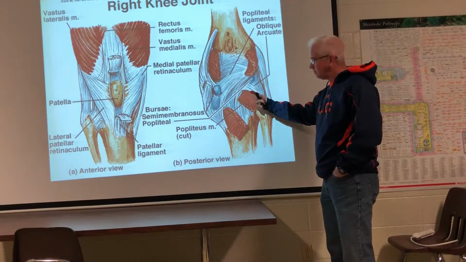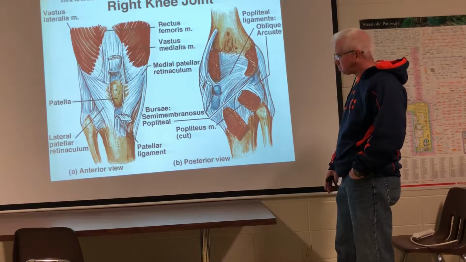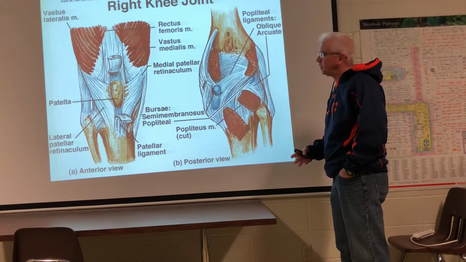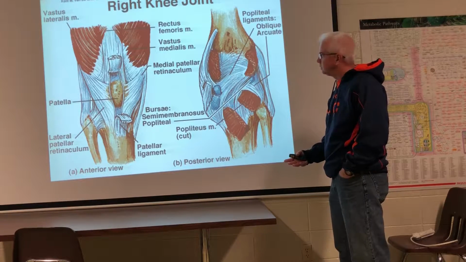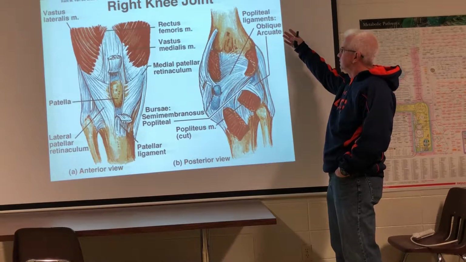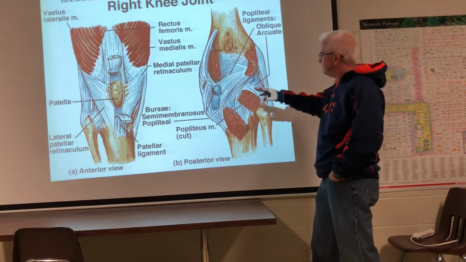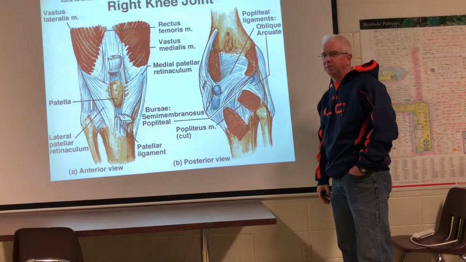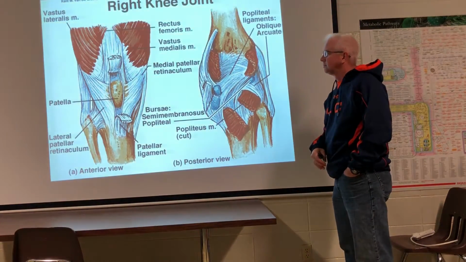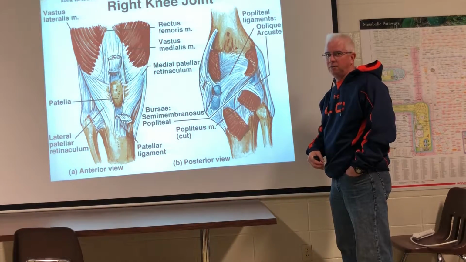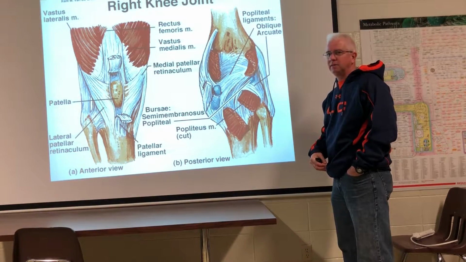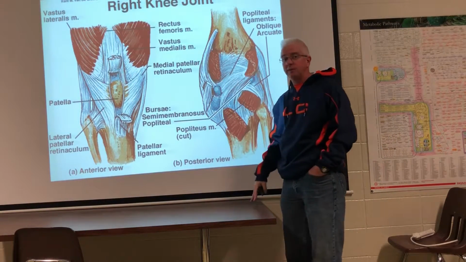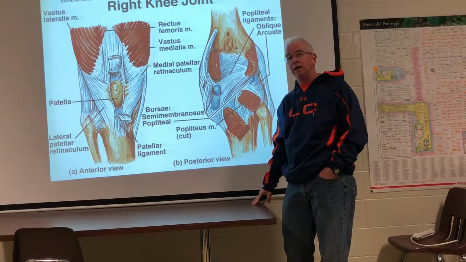Now, the back of the knee, the popliteal fossa, is covered with tendinous ligamentous material, and we call them the popliteal ligaments. The big broad one across the back of the knee is called the oblique popliteal ligament. But a good student knows what that tendinous ligamentous stuff really is. This oblique popliteal ligament is actually the fusion of what muscle on the back of your knee?